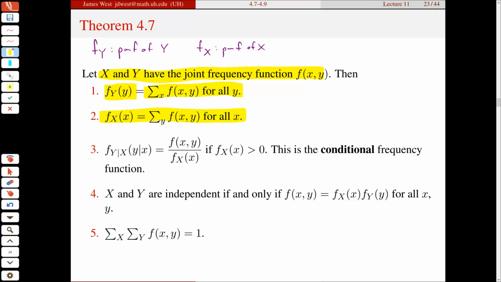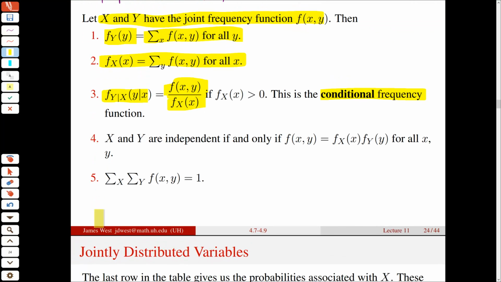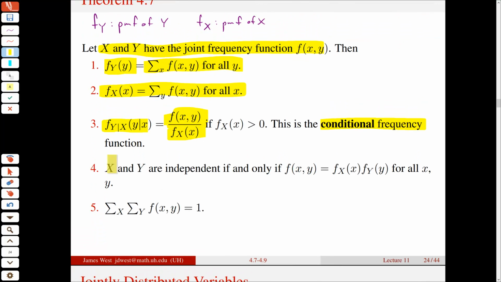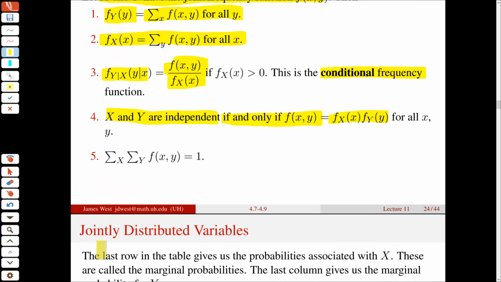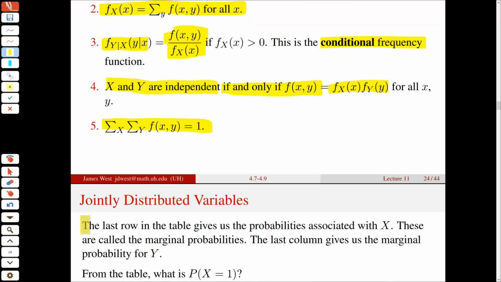We can also calculate the conditional frequency, f of y given x, as f of xy divided by fx of x. And we can define independence. X and y are independent if and only if f of xy equals fx of x times fy of y. And as said before, all these values must sum up to 1.